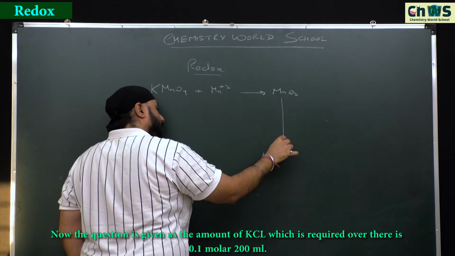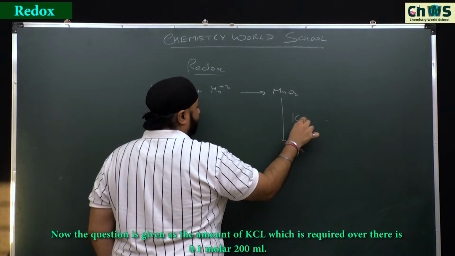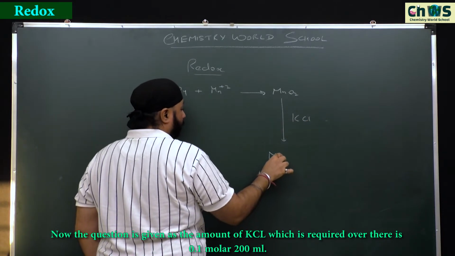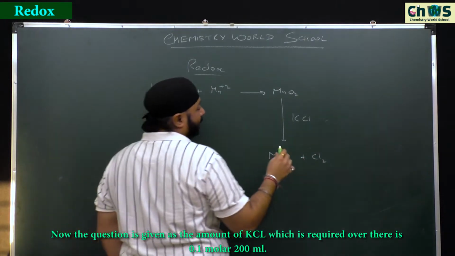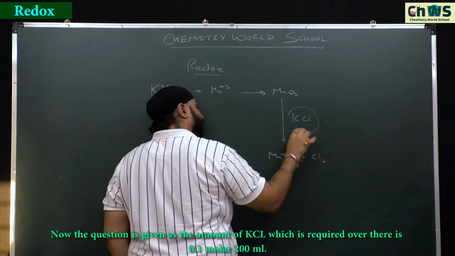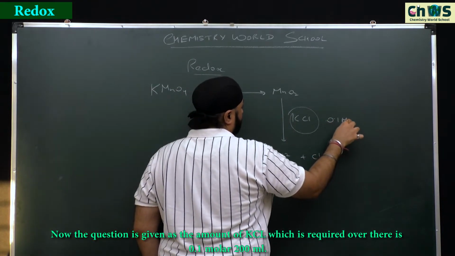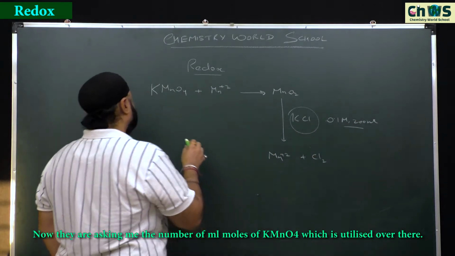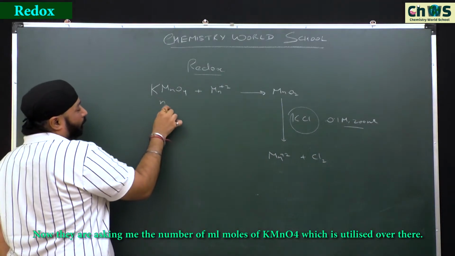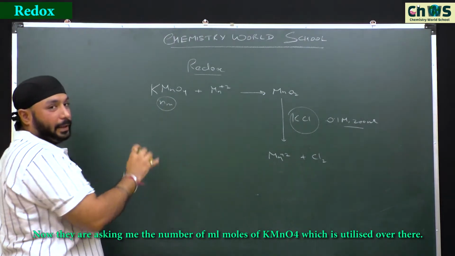This MnO2 is reacting with, let's say, KCl to give Mn2+ and Cl2. The amount of KCl required is 0.1 molar, 200 ml. They are asking me the number of millimoles of KMnO4 which is utilized over there.